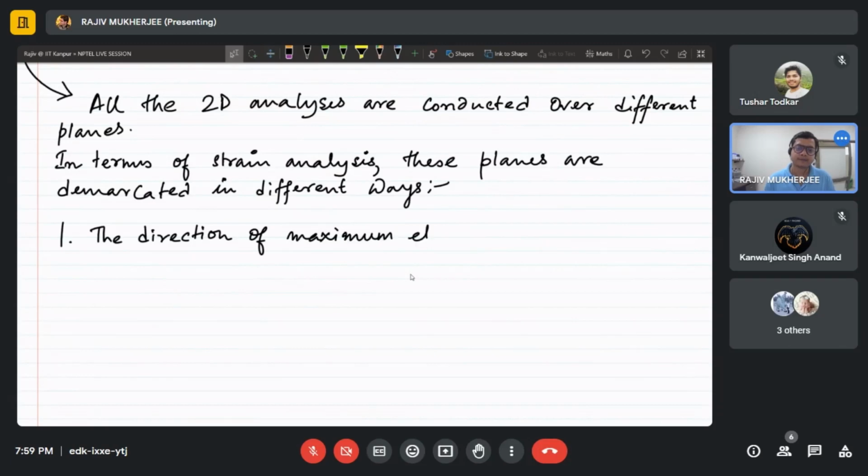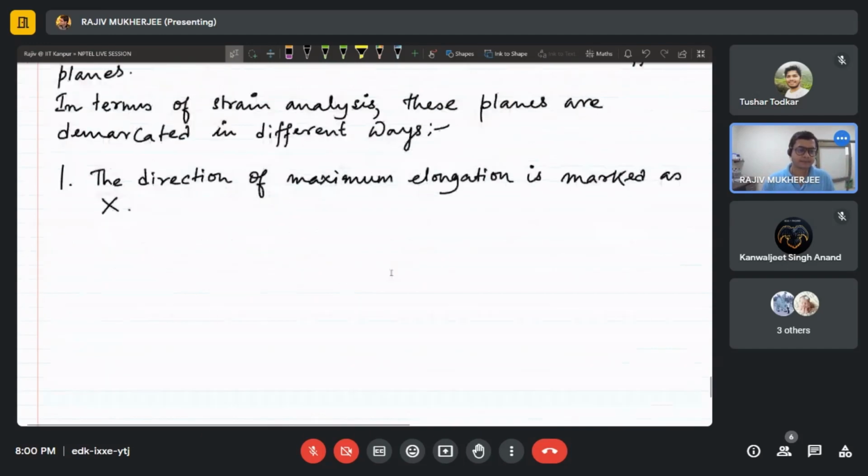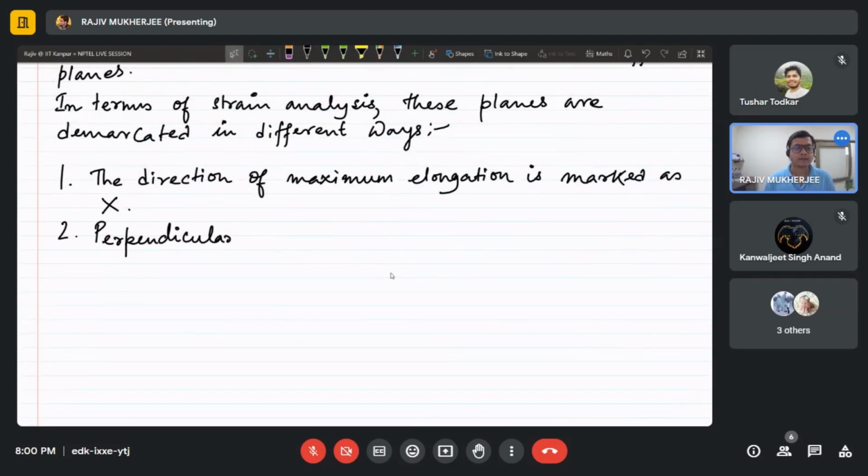So anywhere along the maximum elongation, that would be the x. Perpendicular to x, the intermediate value is y, and the minimum value is z, right?